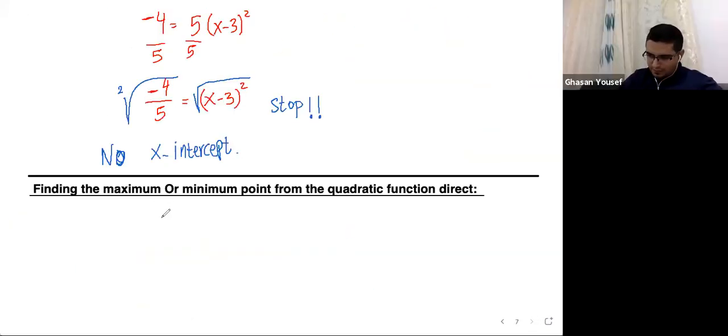So the steps are here. I can say the maximum or minimum point or value for a quadratic function.